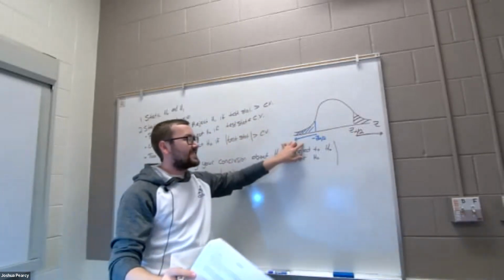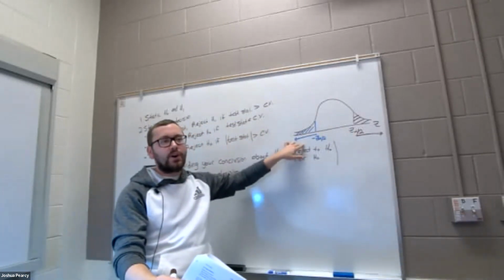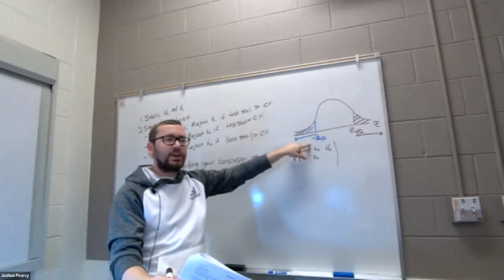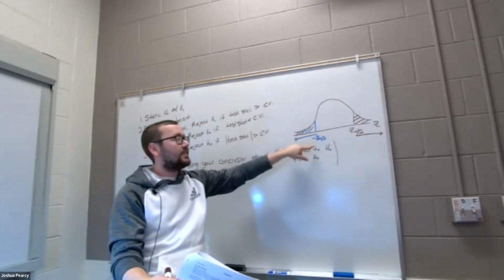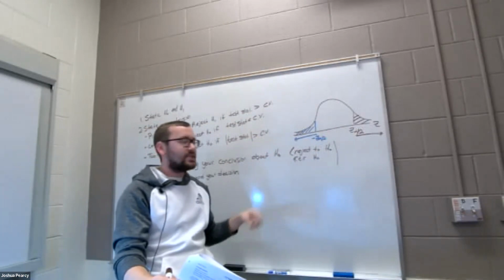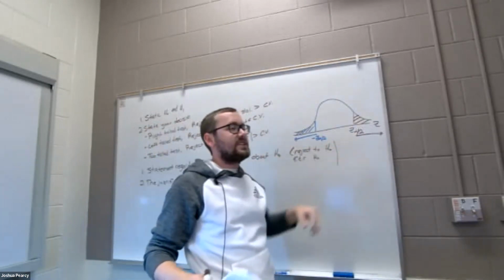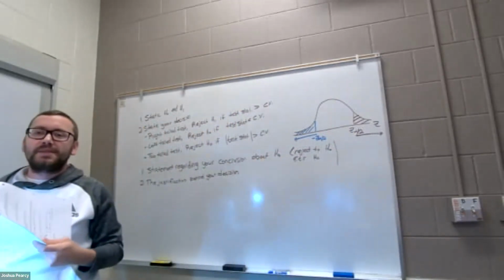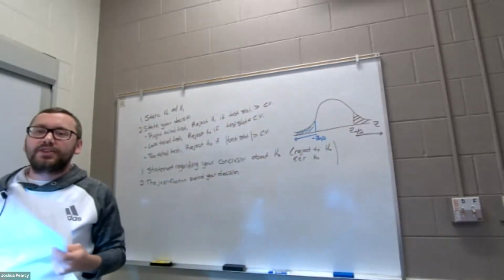But if this is less than negative Z alpha over 2 already, so that means it's more negative than this right here, when I take the absolute value of that, it will take off that negative sign and make it larger than Z alpha over 2. So then it would fall into this region over here if I take the absolute value. Does that make sense? Or should I write it another way?